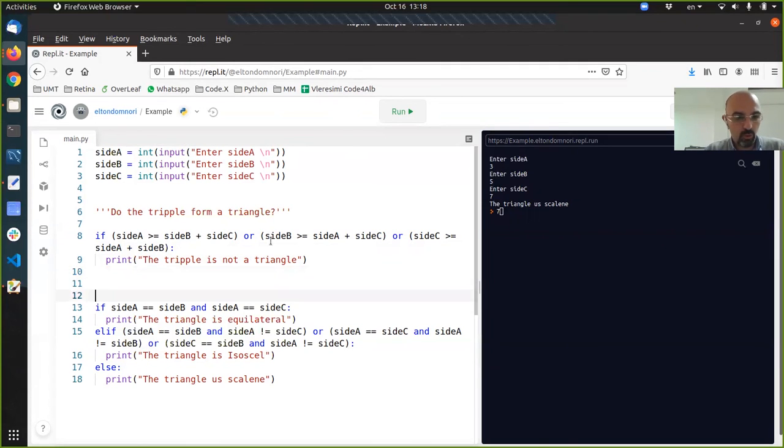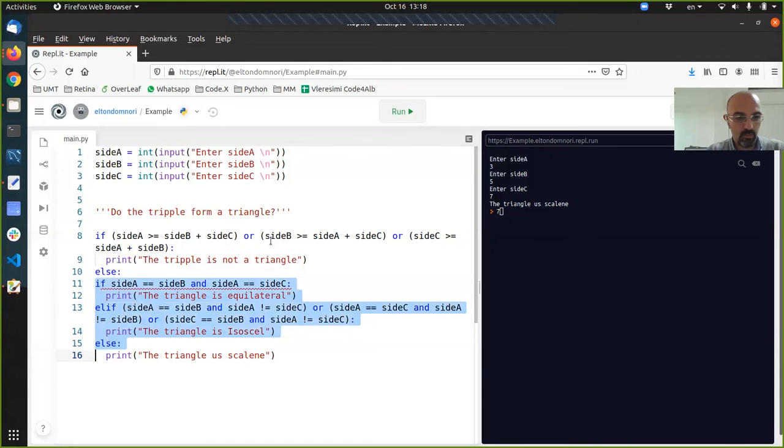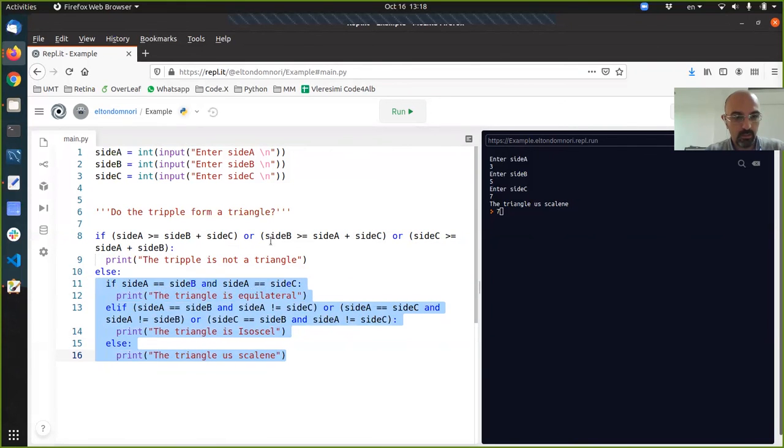But we have some code here, some instructions that are supposed to continue with further checks. In case it is not a triangle, we can say else. So we, by the way, revise as well some nested conditions. So if it is not a triangle, else it is.